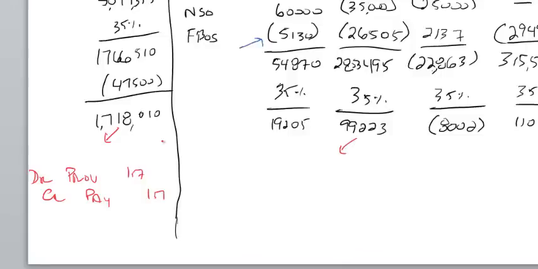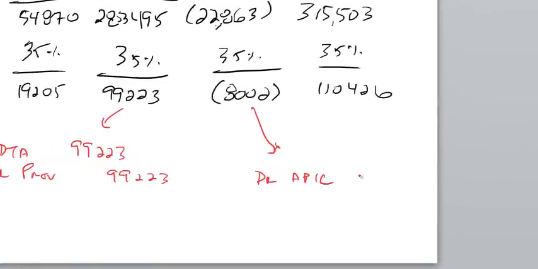My journal entry for my current year activity is going to be debit DTA for the 99,223, credit provision for 99,223, and this entry will be debit APIC 8,002, credit DTA for 8,002.